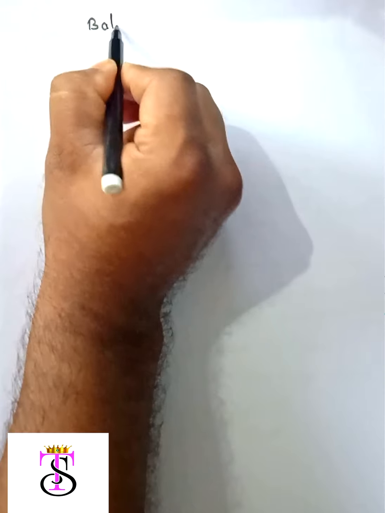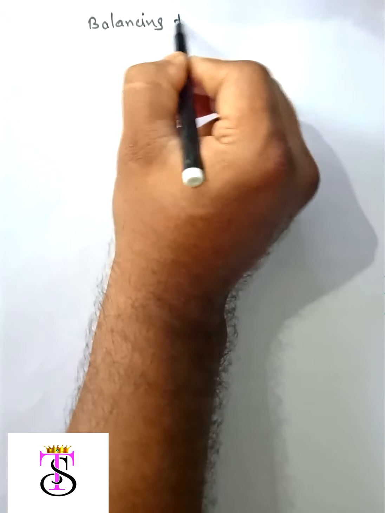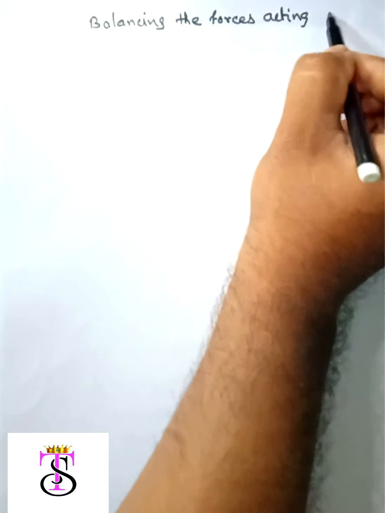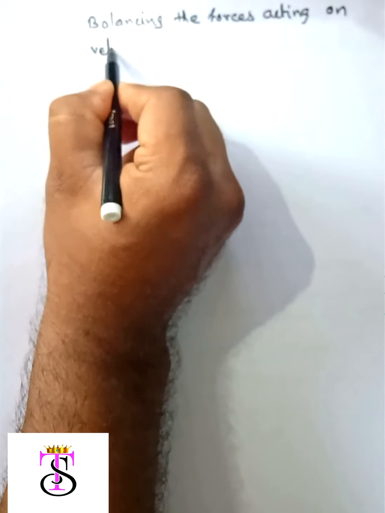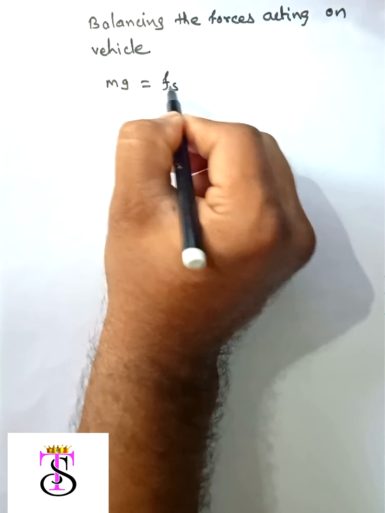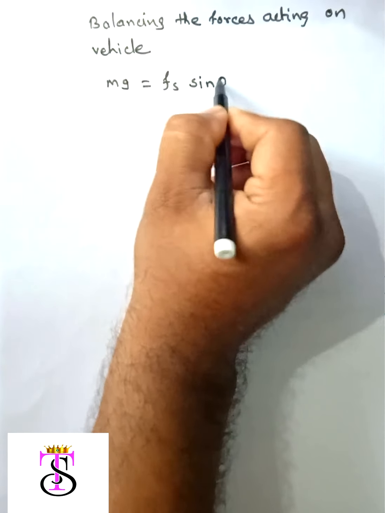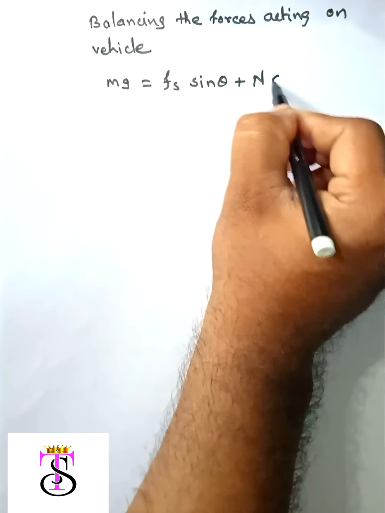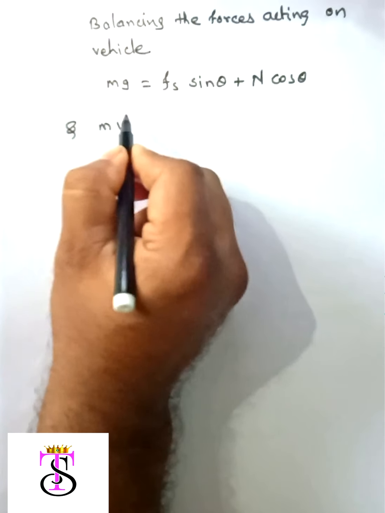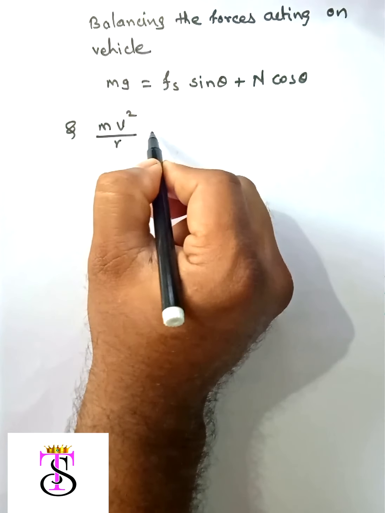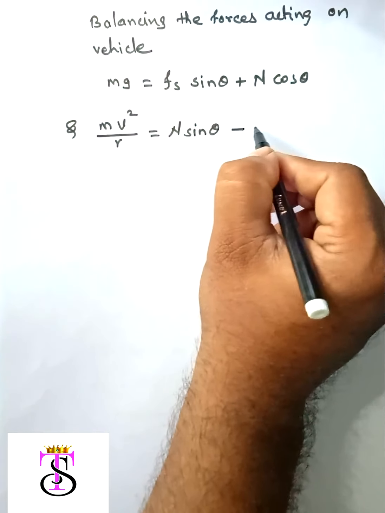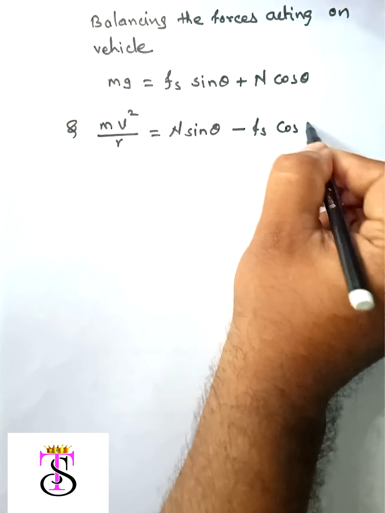So balancing the forces acting on the vehicle, mg is equal to Fs sin theta plus n cos theta, and the centrifugal force mv square by r is equal to n sin theta minus Fs cos theta.